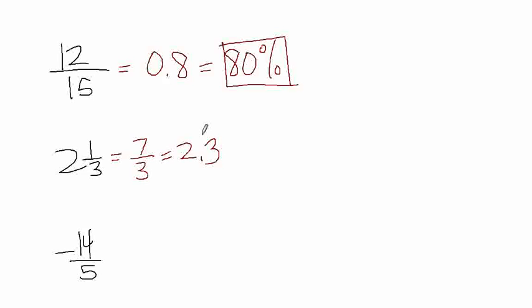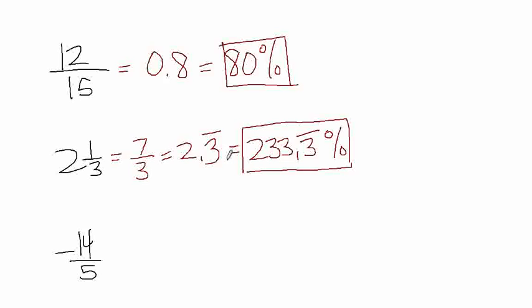So 2.3 with a bar over the 3. And now if we move the decimal 2 hops to the right, we will get 233.3, and I'll still need the bar. So 233.3 with the bar over it percent.